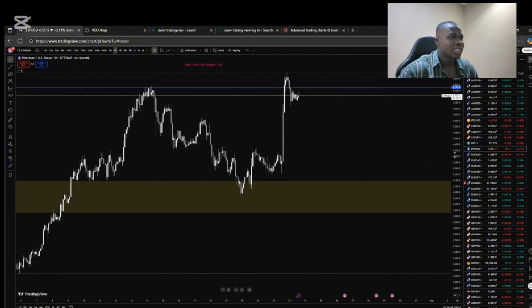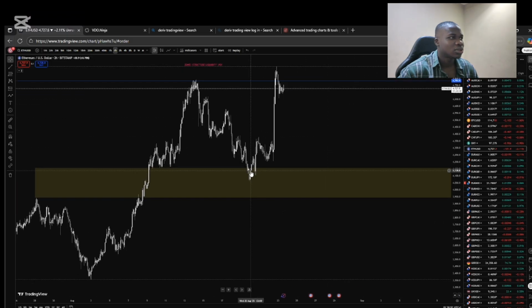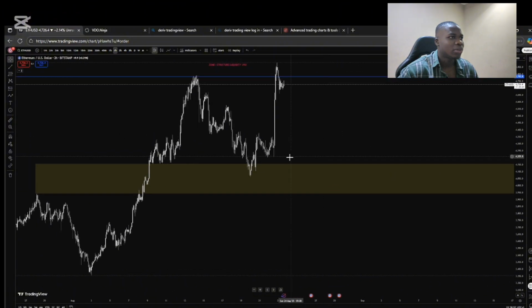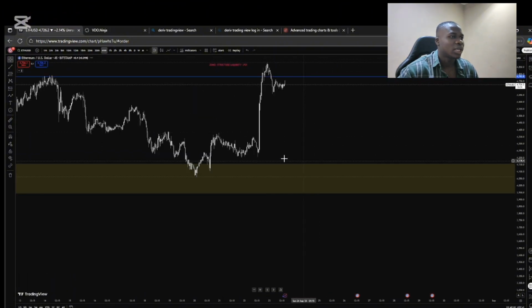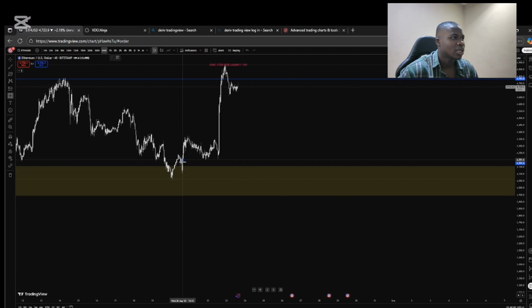There's nothing special about Ethereum for now, other than there's every possibility that I will be looking to take a buy right here.